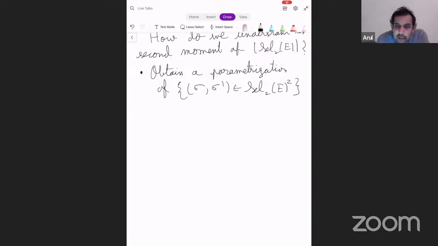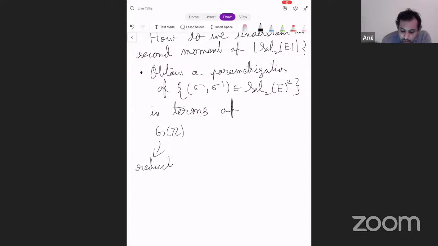But the problem is that this parameterization is not in terms of a group orbit on a lattice. Instead, it is in terms of a certain group, a reductive group, acting on not one lattice, but infinitely many nested lattices.